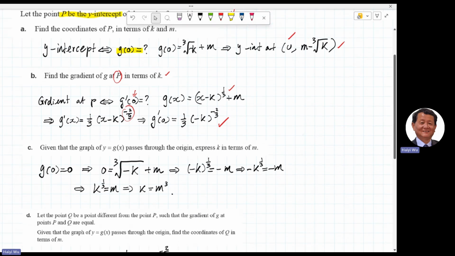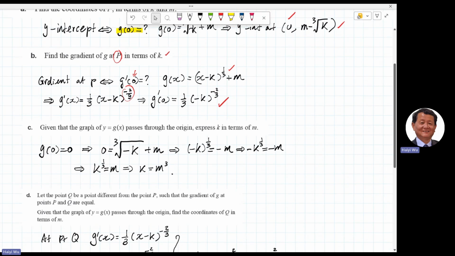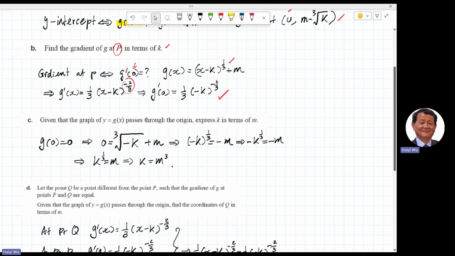So let's do question C. Given the graph passes through the origin, express k in terms of m. So let's have a look at what that means. When x equals 0, y is 0. So g(0) is 0. We substitute into the original function, and we get this.